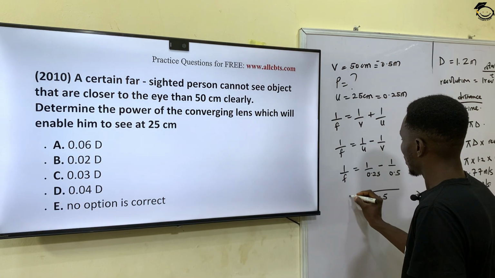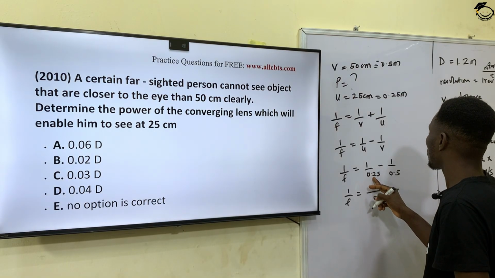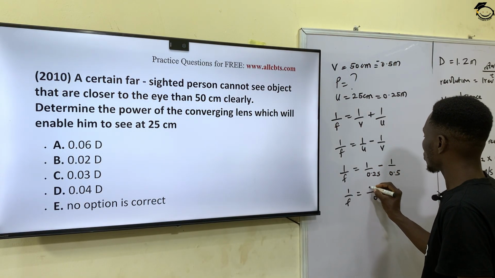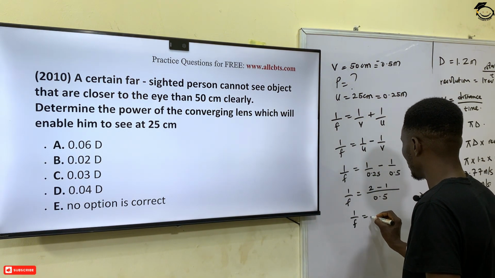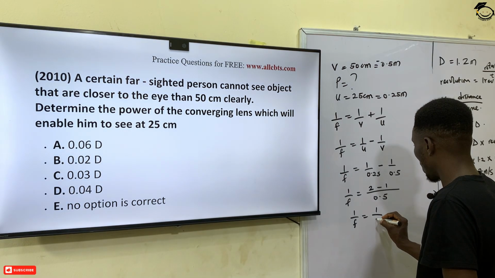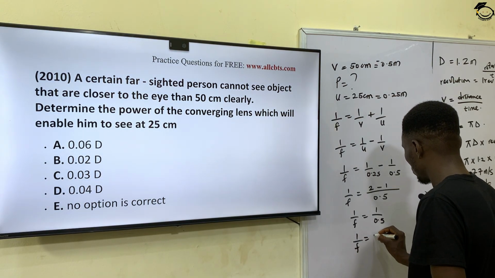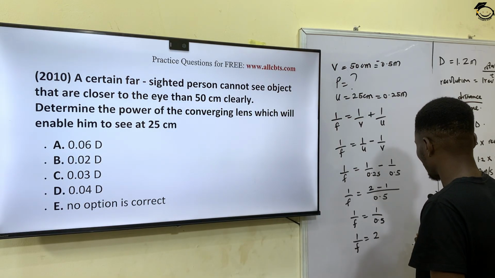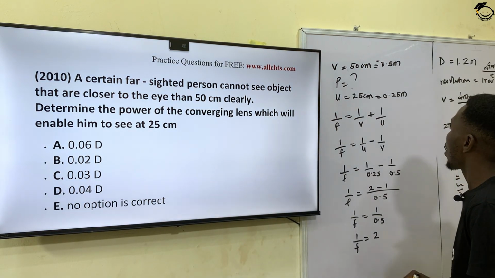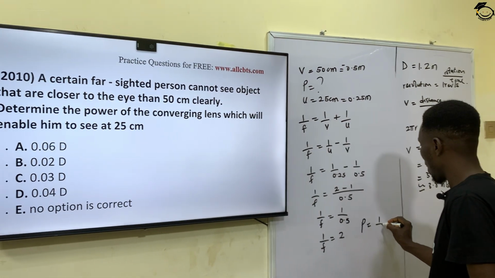So 1 over f is equal to, if I divide by 0.25, that will give me 4, and 1 over 0.5 gives 2, so I'll get 4 minus 2. So at the end of the day, 1 over f is equal to 1 over 0.5, which is the same as saying that 1 over f is equal to 2. So now I know that the power of the converging lens is equal to 1 over f.